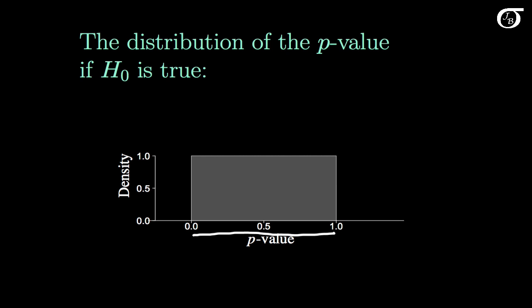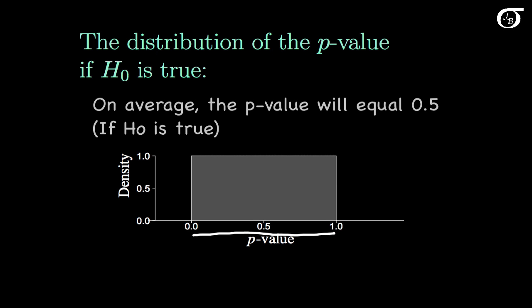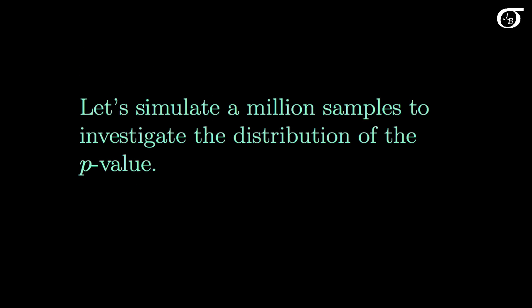And so, if the null hypothesis is true, on average, we're going to get a p-value of 0.5. But it also might help with our interpretation if we know something about the distribution of the p-value when the null hypothesis is false. So let's simulate 1,000,000 samples to investigate the distribution of the p-value in different scenarios.